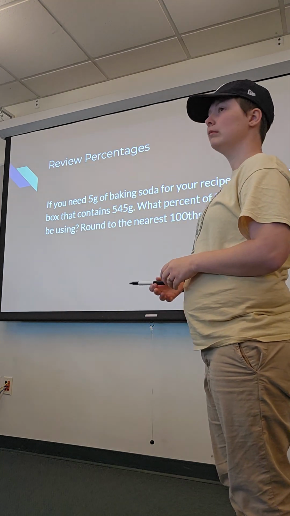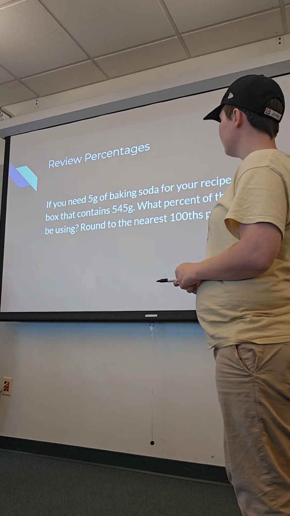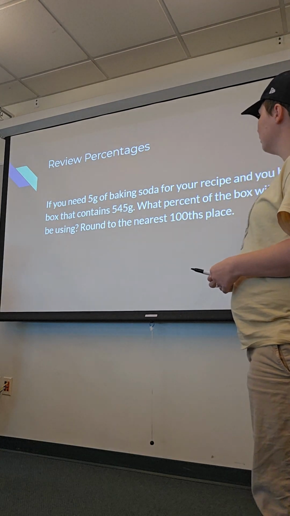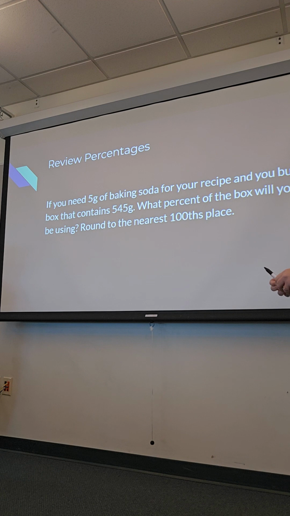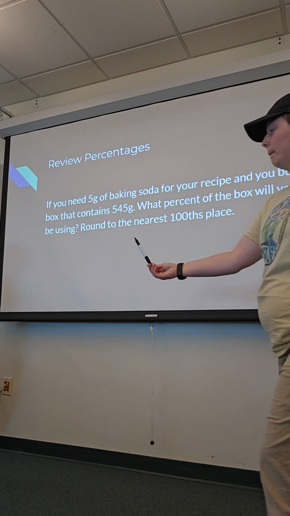The question is if you need 5 grams of baking soda for your recipe and you buy a box that contains 545 grams, what percent of the box will you be using? Round to the nearest hundredth place.